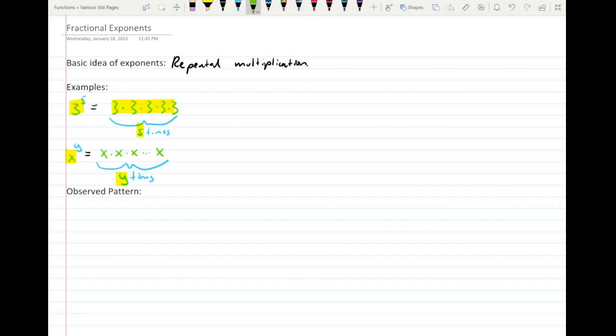And this notion of exponentiation naturally leads to a pattern, and that is, if you exponentiate something once, then exponentiate again, you multiply the exponents.